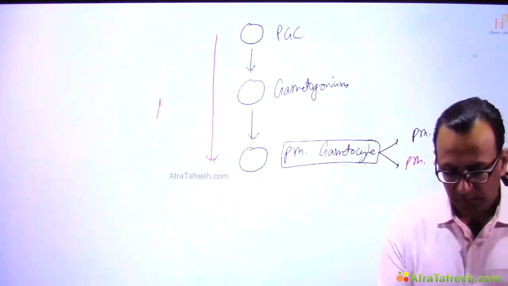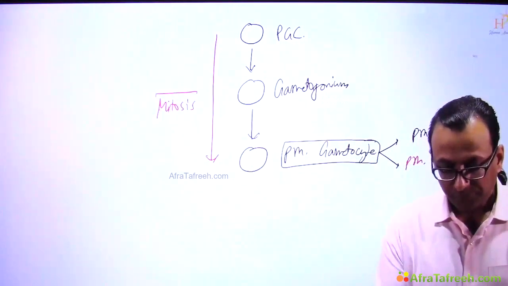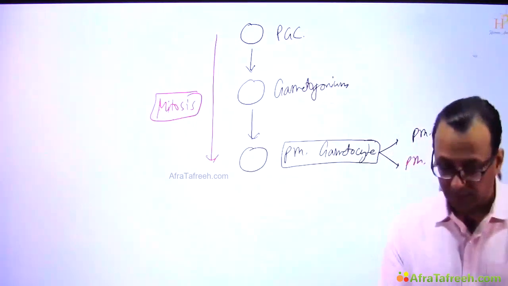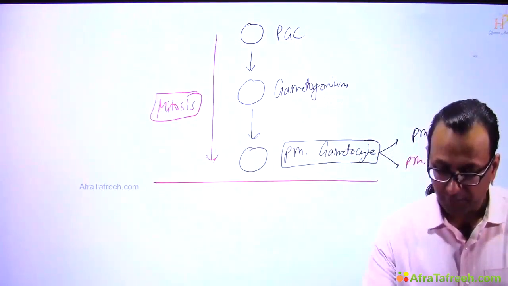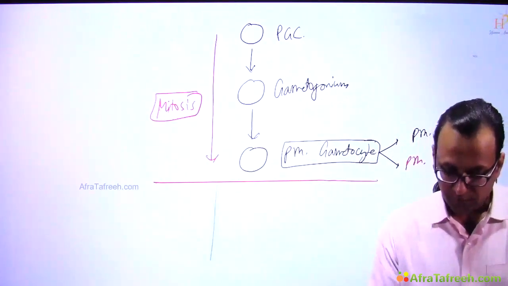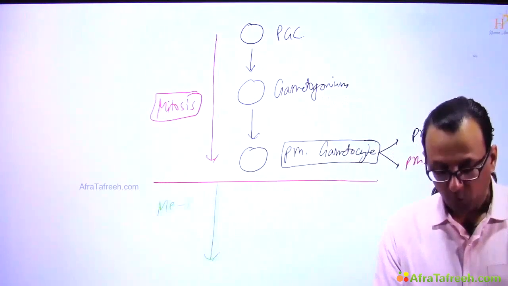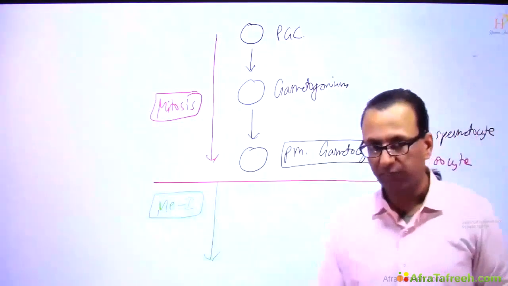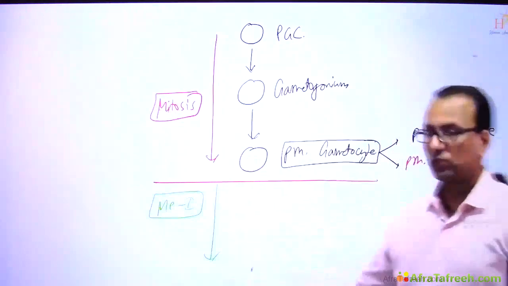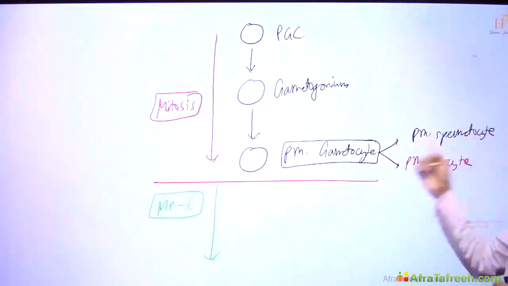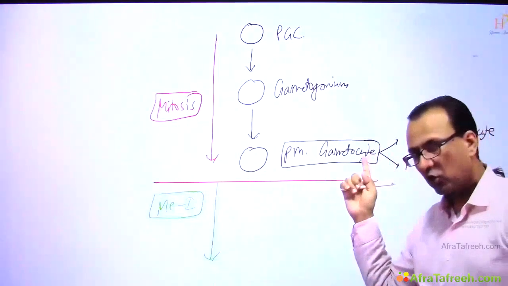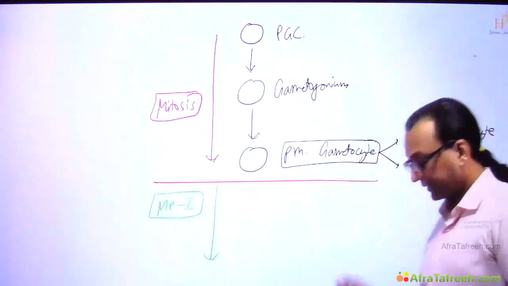But beyond that is meiosis. Which cell is entering meiosis? The cell which enters meiosis 1, of course, meiosis 1 will come first, is obviously the primary spermatocyte, or it could be the primary oocyte.